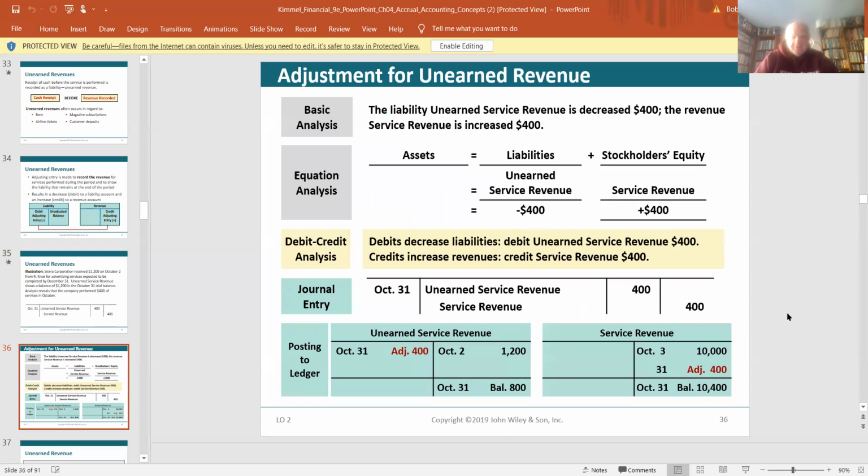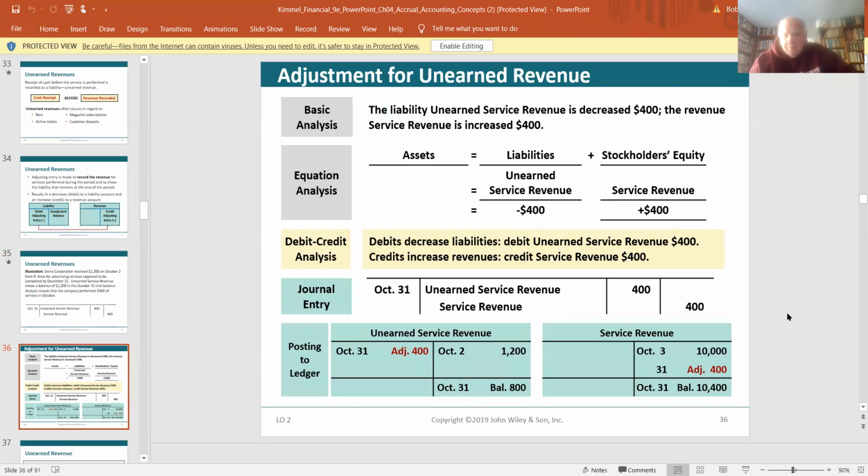And again, they're taking us through this lengthy look here. But let's pay extra attention to the unearned revenue because that one can be a little tricky to understand. What has happened here? We received money in advance for rent, $1,200.